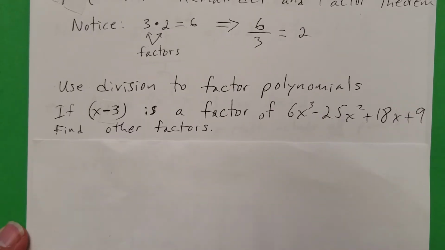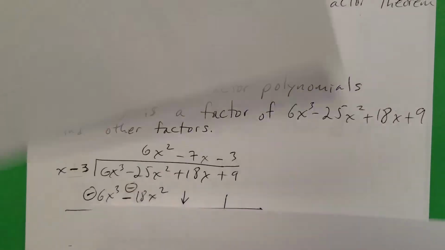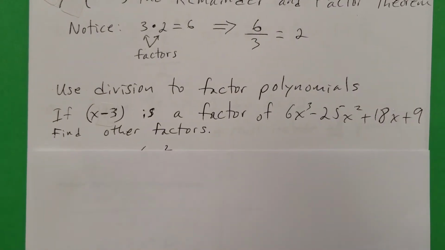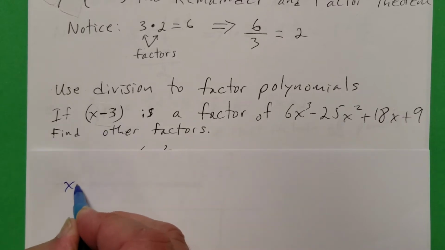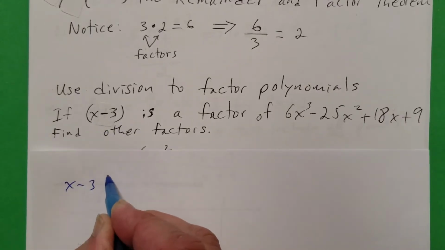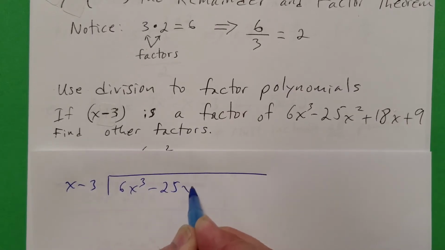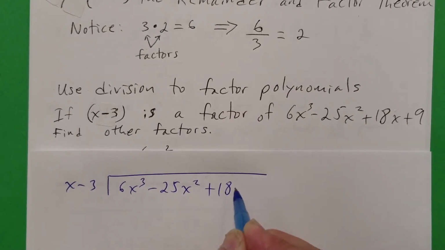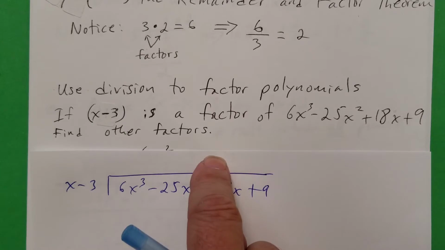I want to do it with you, so I'm going to get some fresh paper here. So the first thing you do is write it like a long division. So I want to know what x minus 3 is into 6x to the third minus 25x squared plus 18x plus 9. What is the answer that I'm going to put up here? Because that will be the other factor, right?